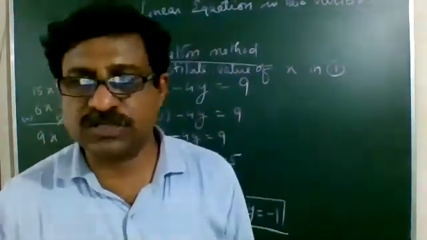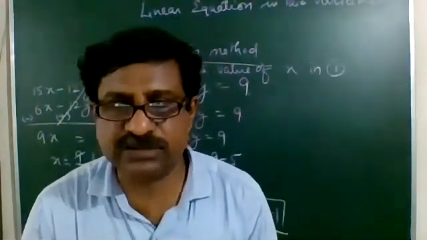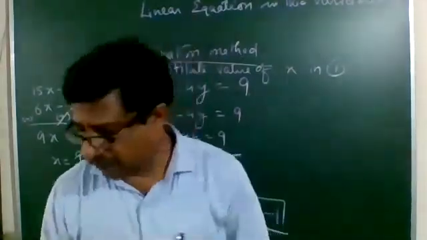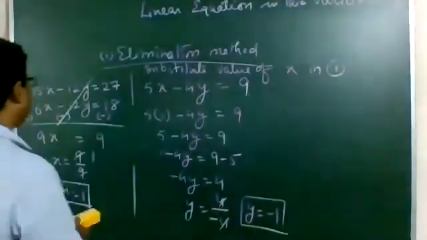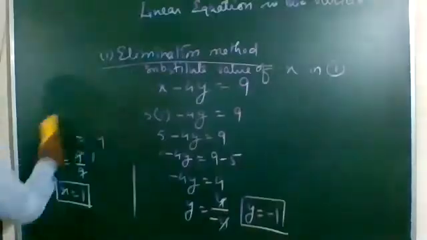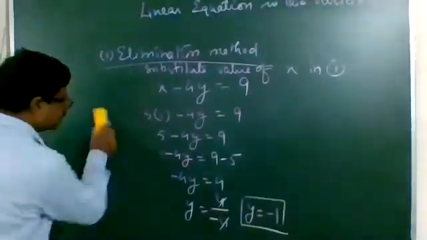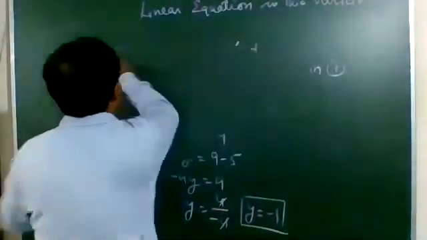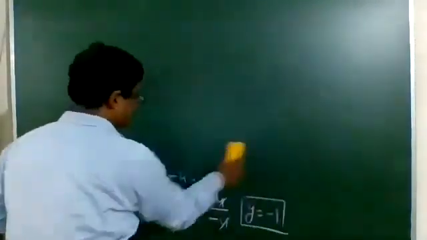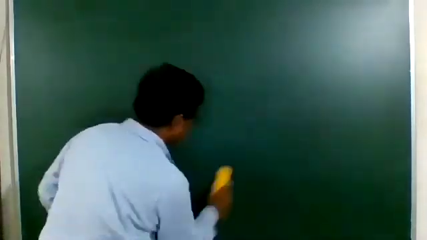Expecting that this question you have also understood. Now we'll take one more example, another pair of equations, and try to solve it so that this elimination method from my side I can consider as completed. Next we'll take some other method.